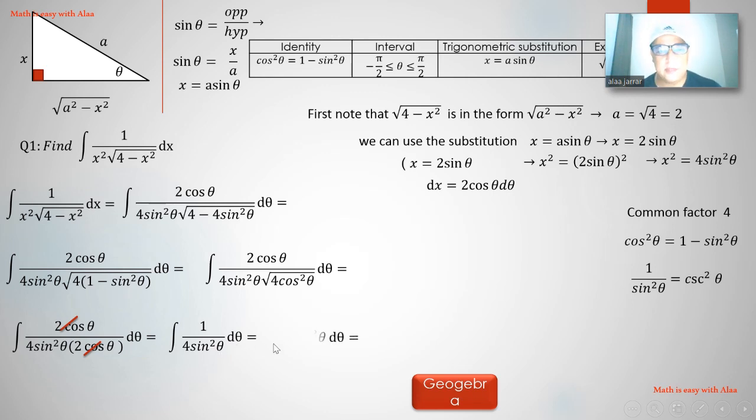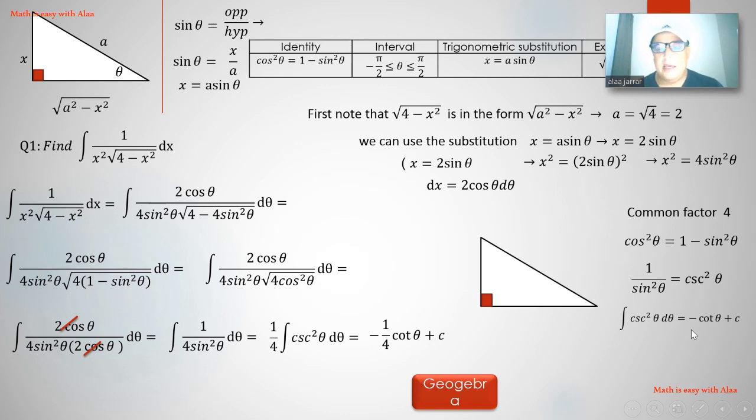It will be 1/4 antiderivative of cosecant squared theta d theta. And it's equal to minus 1 over 4 cotan theta plus c, because the antiderivative of cosecant squared theta d theta equal minus cotan theta plus c.